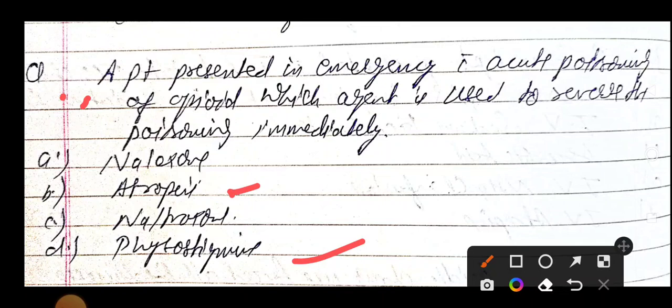And naltrexone also we can use, but in immediate acute cases we use naloxone 0.4 to 0.8 mg IV stat. Naloxone is used in case of acute opioid poisoning. Naltrexone prevents relapse, decreases alcohol craving, and is an anti-obesity drug. Naltrexone is an opioid de-addiction therapy, okay.